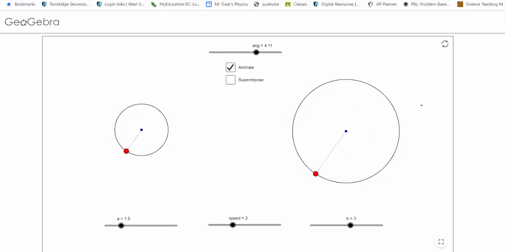Both these points, these red points, move around the individual circles with the same frequency, which is to say they take the same amount of time to complete a loop or a cycle. Now, when you look at this, it's pretty obvious that the red dot over here on the right is traveling much faster than that red dot because it travels a much bigger distance in the same amount of time.